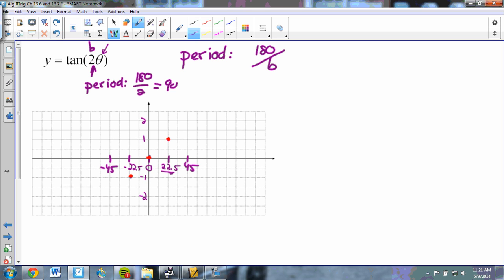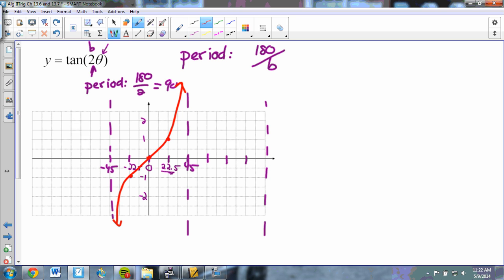I have asymptotes at the negative 45s and the positive 45s. My graph's going to go, better than that, but like that. And that's one cycle. So now from one of my endpoints, I'm going to go 1, 2, 3, 4.